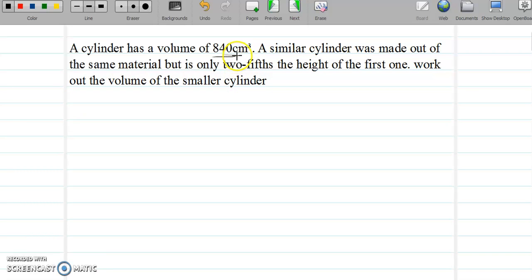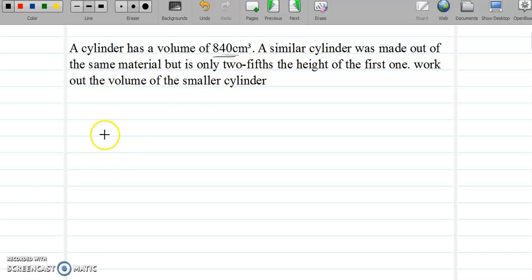Now here we are given that a cylinder has this volume. A smaller cylinder was made out of the same material, but 2/5 the height.